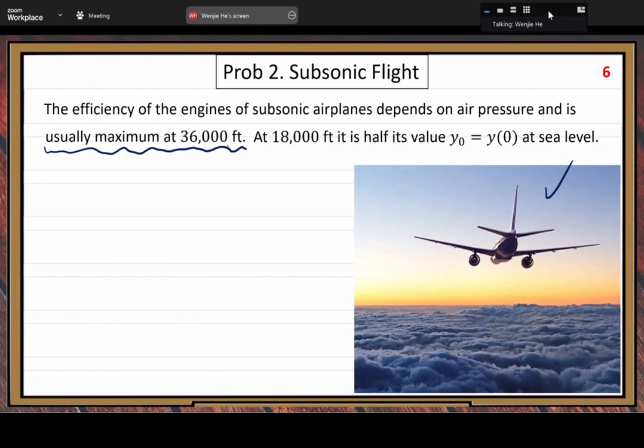At 18,000 feet, it is half its value, y0. Y0 is at a sea level. All right. At a sea level, air pressure is y0. Air pressure at a sea level is given, although we do not have the specific number, we just use the symbol y0.